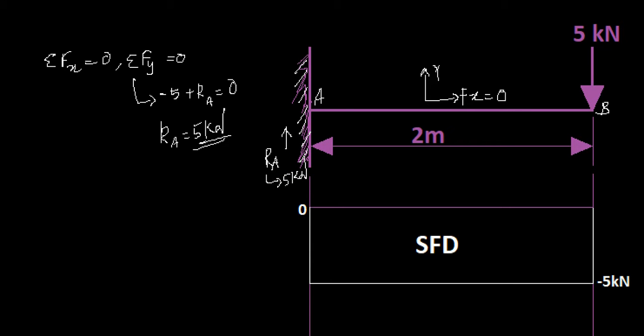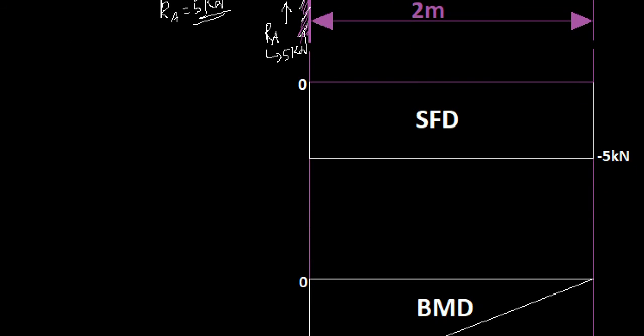Once we have the forces on either side, you can draw the shear force diagram. I have already created the shear force diagram here for you. You have a datum line which has a 0 force here, and at this point you have 5 kilonewton acting downwards. So your shear force diagram starts like this, goes all the way down to 5 kilonewton, and up until this point there is no change.